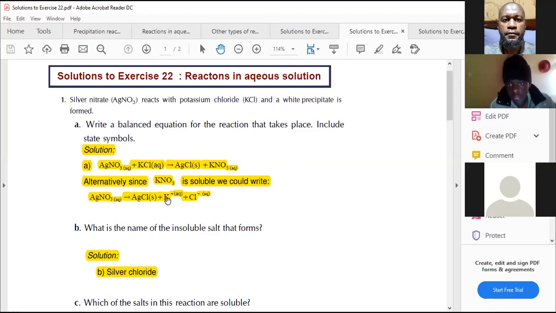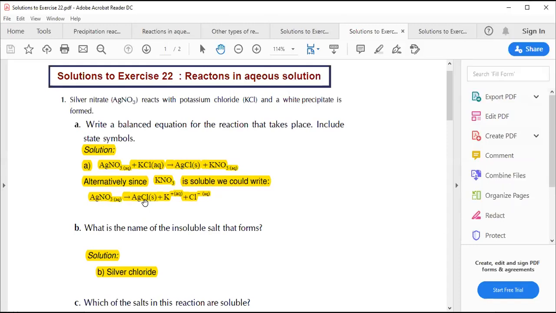You can leave out the spectator ions. Just write the other ones. So you're just going to have your silver nitrate reacting to give you silver chloride plus K+ and NO3-. This one, there could be a mistake here. The way this one is written is not 100%, but as long as you understand what is happening in the top one, it's fine.